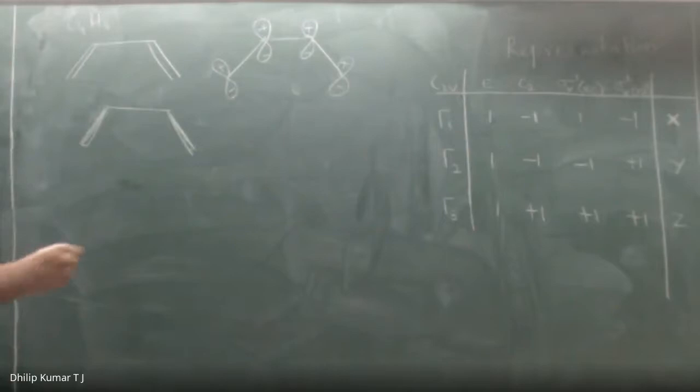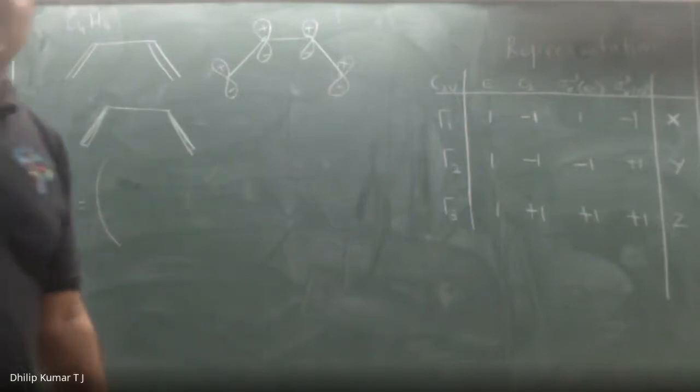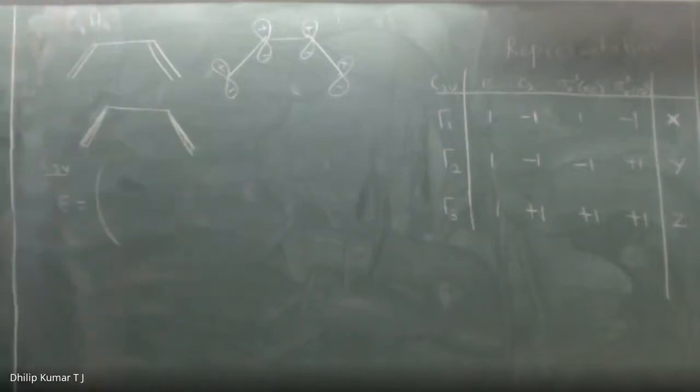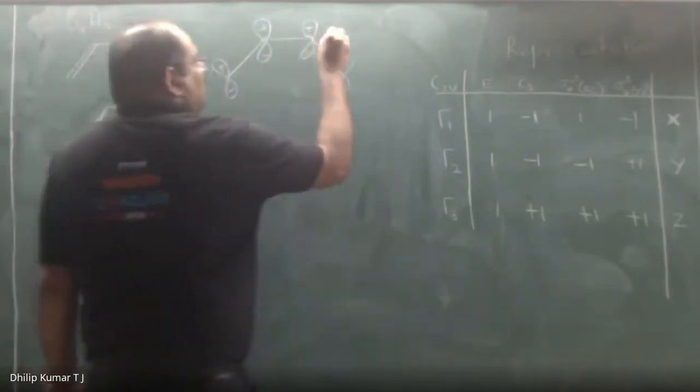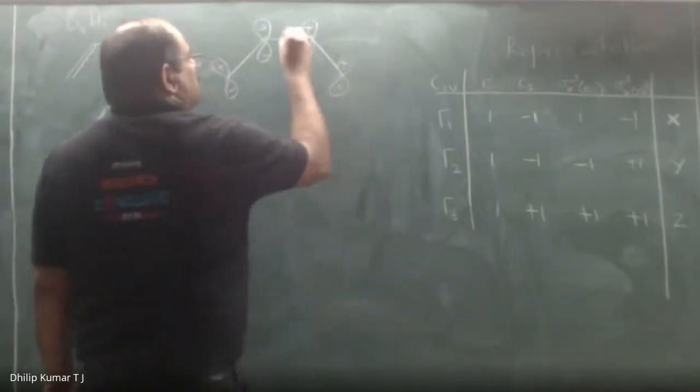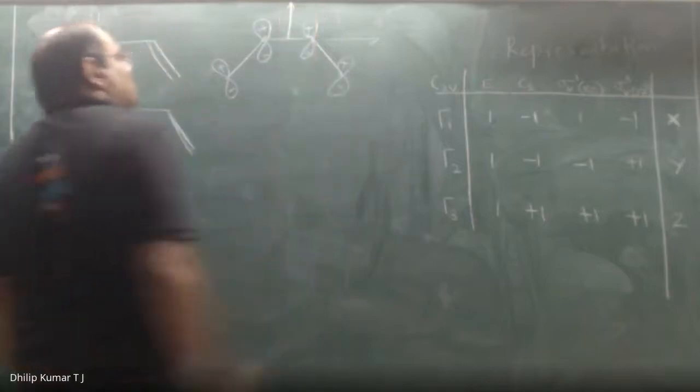So if you apply a C2 again, how will the matrix form look for E? Can anyone tell me what the matrix form for cis butadiene will be? Considering the axes, we have to define them. So let's define this as x, this as y, and this as z.